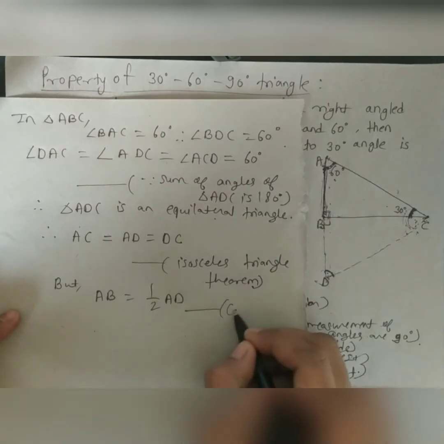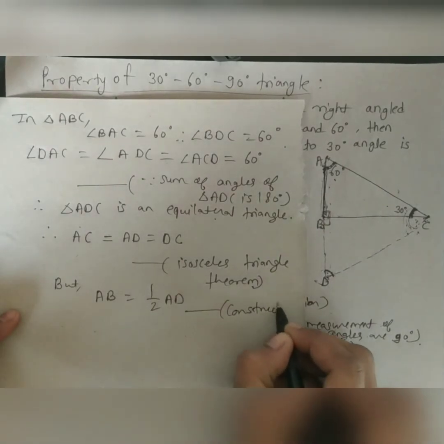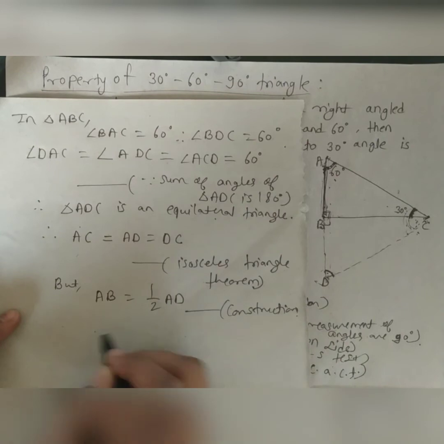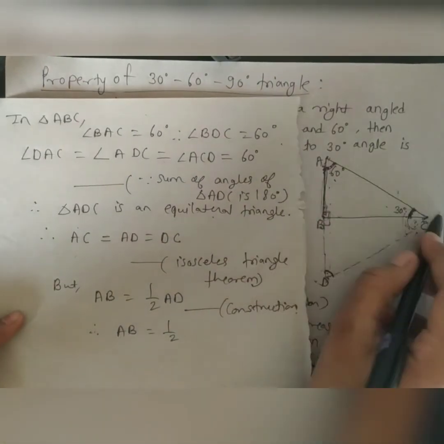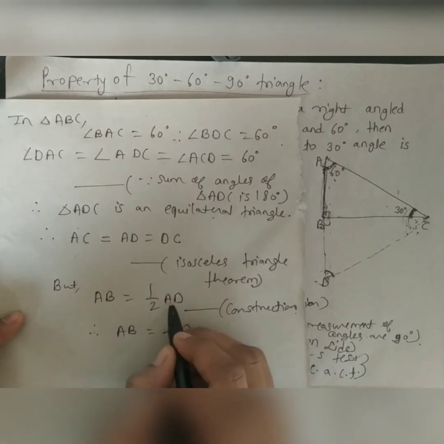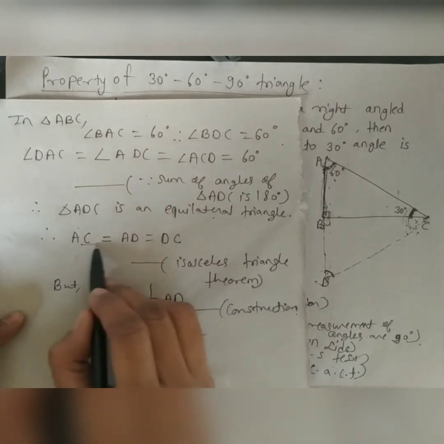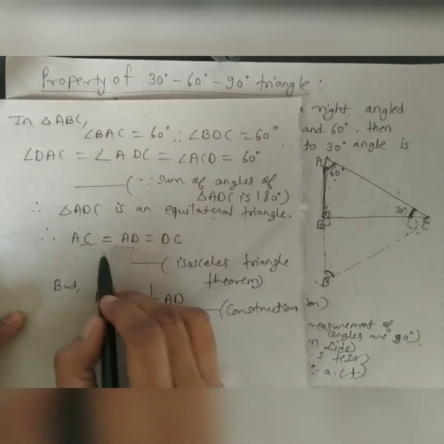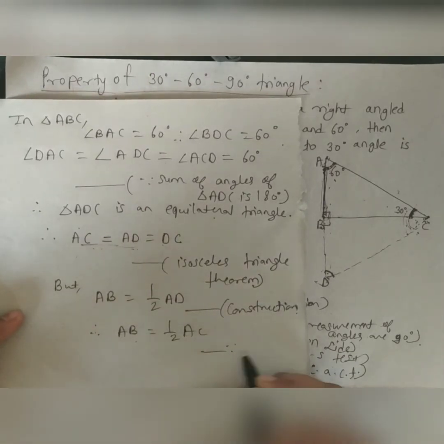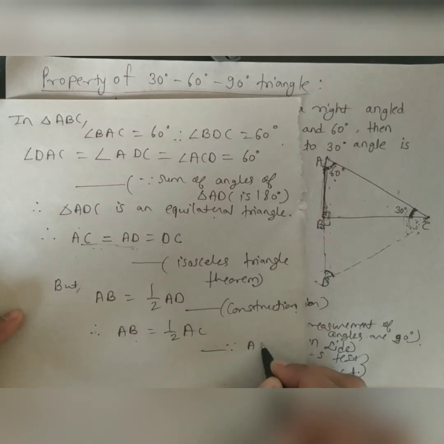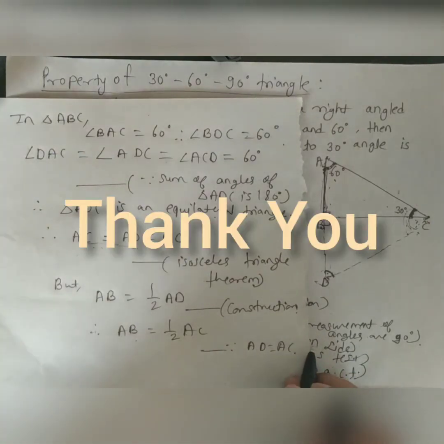This we got by construction. Therefore, AB is equal to half of AC, since AD is the same as AC. Now we have proved this theorem.